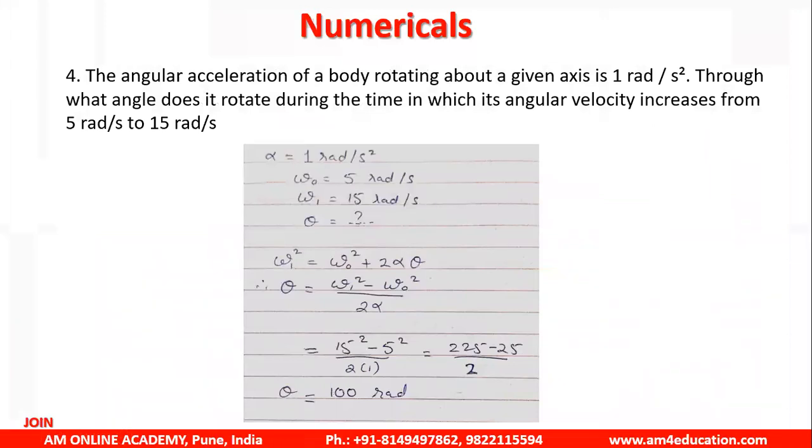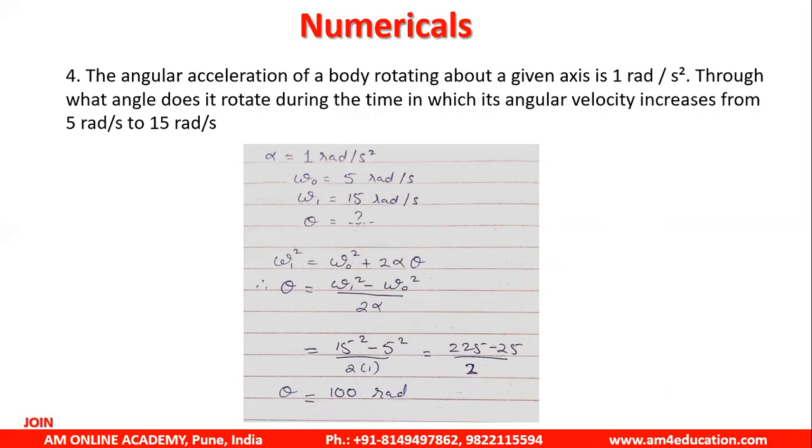Now in this problem, the angular acceleration of a body rotating about a given axis is 1 radian per second square. Through what angle does it rotate during the time in which its angular velocity increases from 5 radian per second to 15 radian per second? Now, let us first try to understand what the problem is.